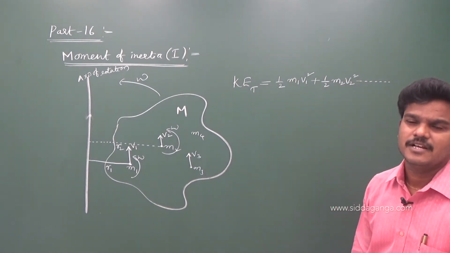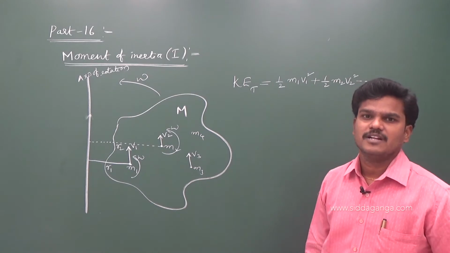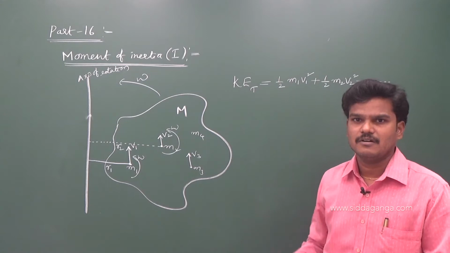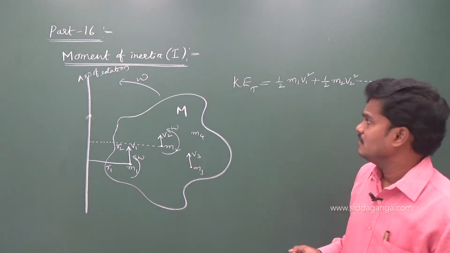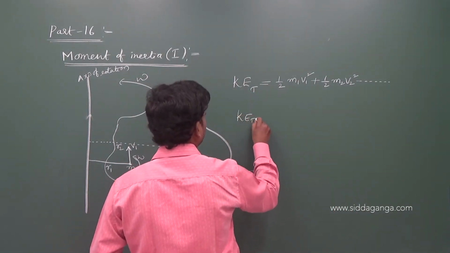Regular thing: if a body has mass m and moves with a speed v, definitely that body will have kinetic energy. And what is this v1?